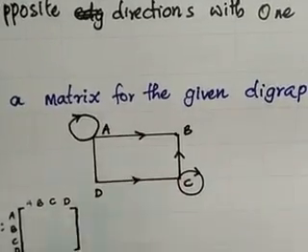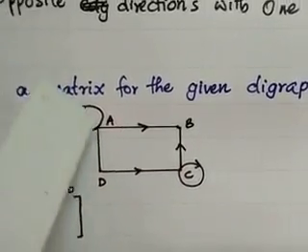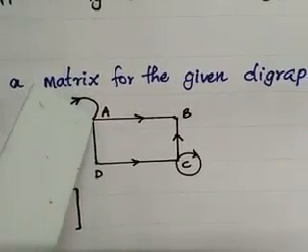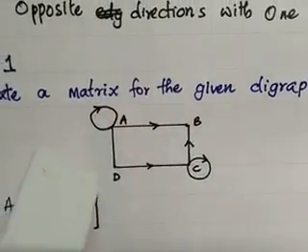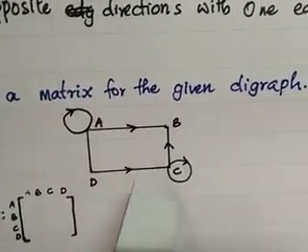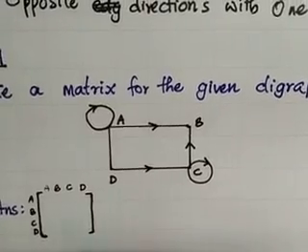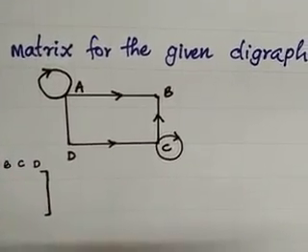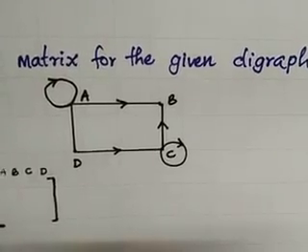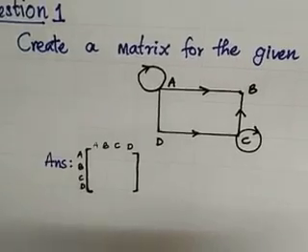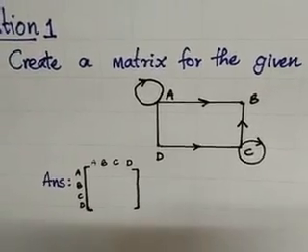So the first thing you have to do is see how many vertices, how many corners there are. A, B, C, D. So we have 4 corners. So when you make an adjacency matrix, we have to write A, B, C, D across, and here also A, B, C, D, because there are 4 vertices.